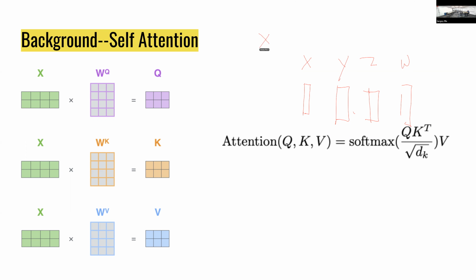You compute X transpose AY, and then you compute X transpose AZ, and then X transpose AW, and so on for each of them. And then you take Y and compute the same, and you also compute X transpose AX.